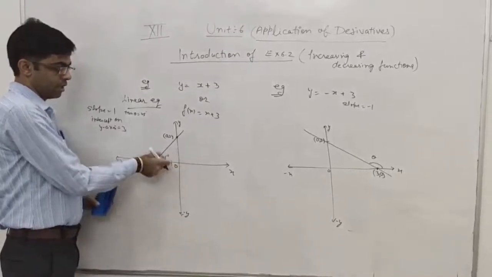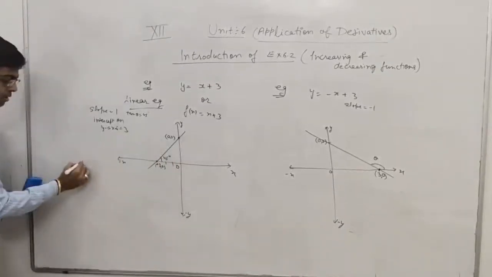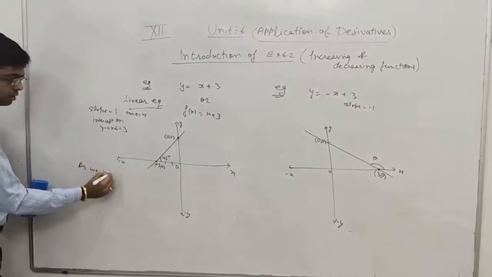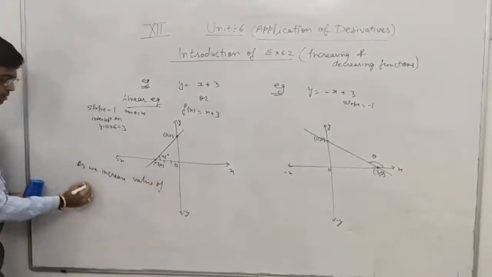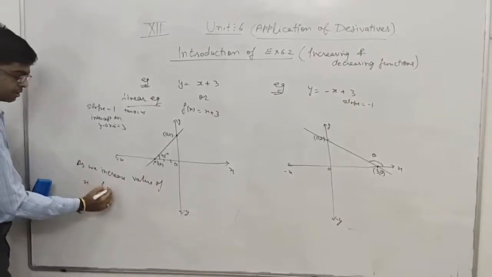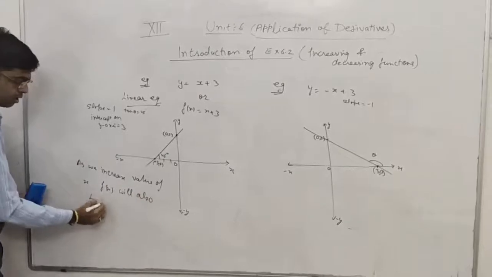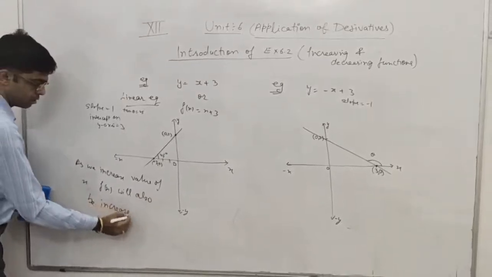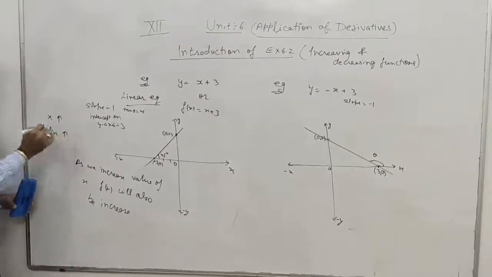As we increase the value of x, the value of y is also increased, f(x) will also be increased. Okay, x की value बढ़ाने पर f(x) की value भी increase होगी.